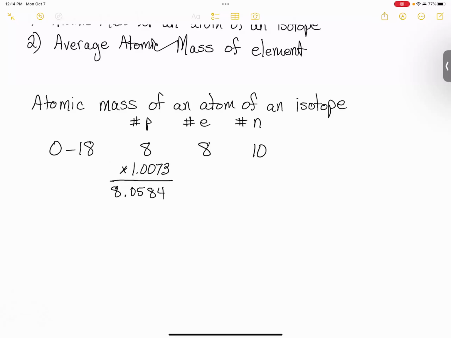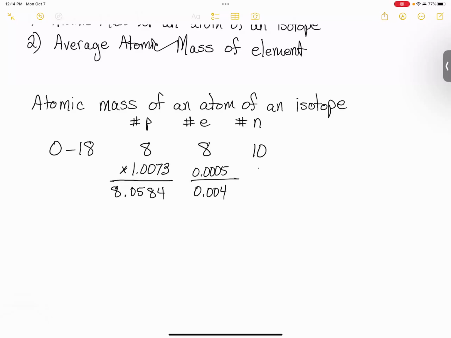We know that there are 8 electrons, and each electron has a mass of 0.0005. Therefore, the electrons contribute 0.004 to the overall mass.